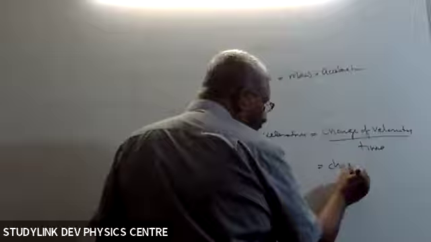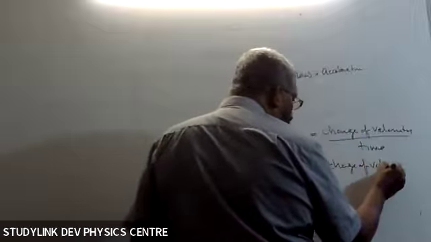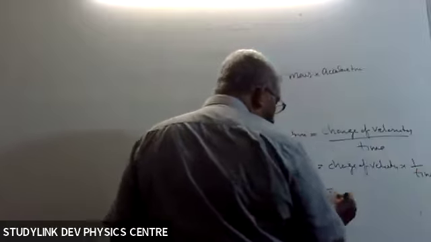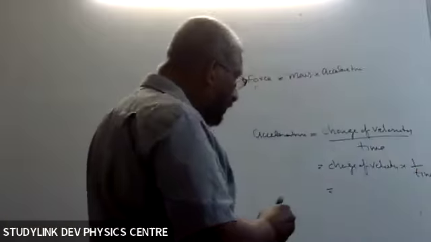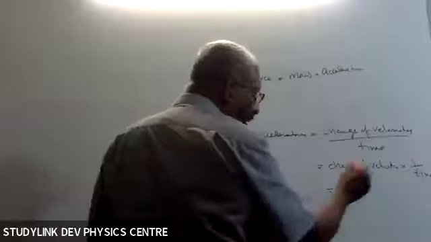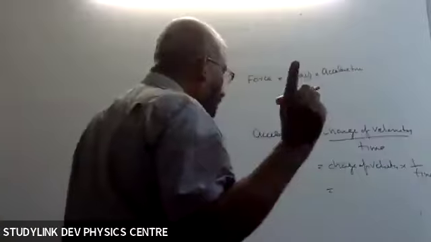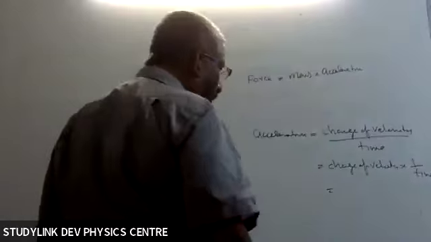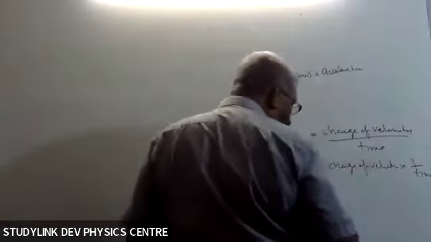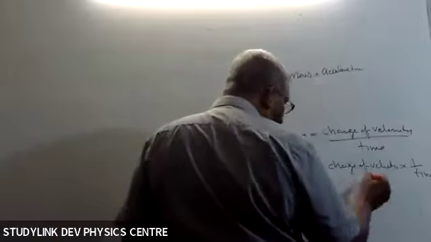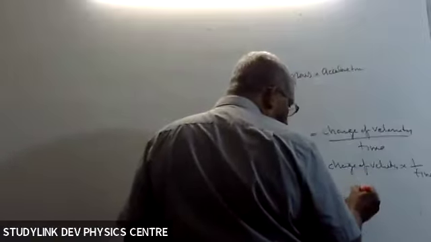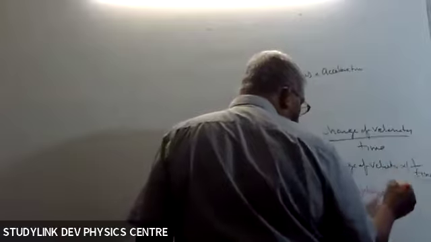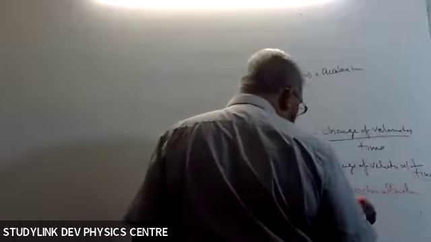That means change of velocity into 1 over time. I explained change of velocity in the first unit. If anybody wants, I will explain it again. Change of velocity is a vector into scalar. Then this is a vector.